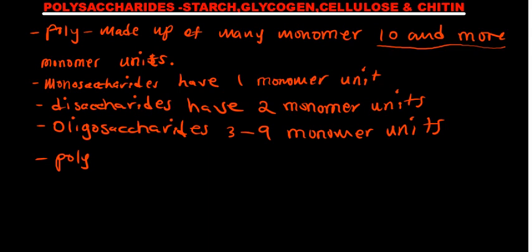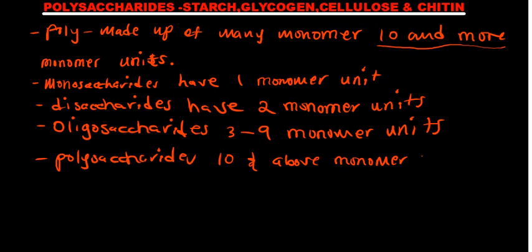So polysaccharides have 10 and more monomer units.